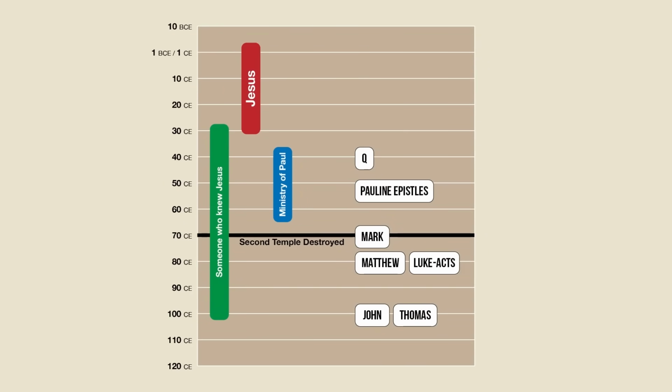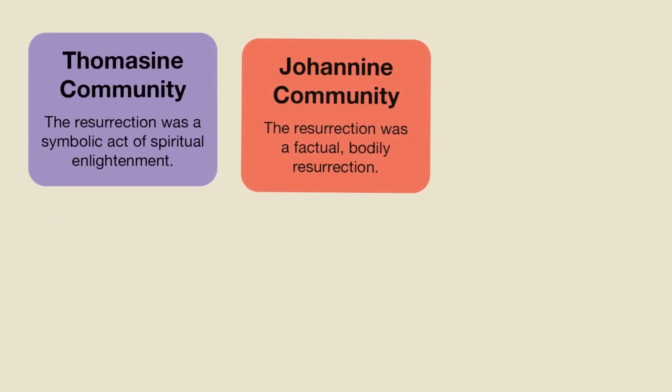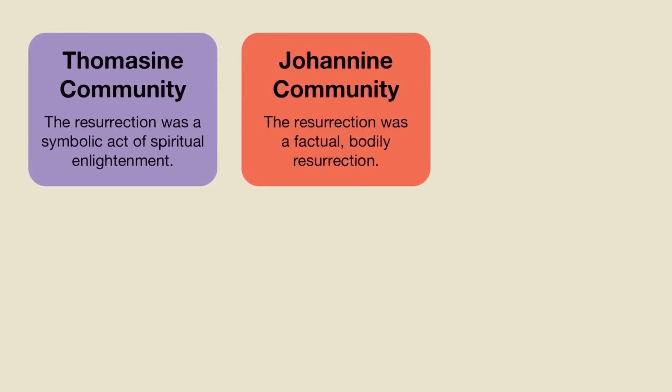So who wrote this quote-unquote fifth Gospel, and how does it relate to the other 4? Well, like I mentioned earlier, it is best to think of the Gospels as being the products of certain camps or communities, rather than the works of single authors. So, for example, some scholars posit the existence of a Thomasine community and a Johannine community within early Christianity.